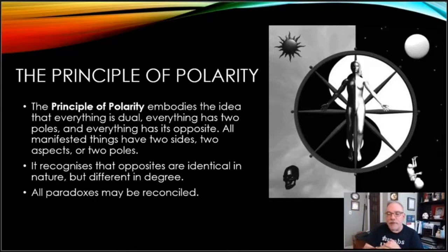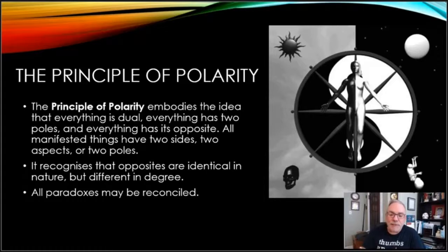Now, I'll tell you that when I first began to look at this, coming from an esoteric Buddhist background and an Advaita, non-dualist background, I had difficulty with this because the idea that everything was dualistic when my philosophy was, according to how I thought, non-dualistic, seemed to be at odds with this principle.